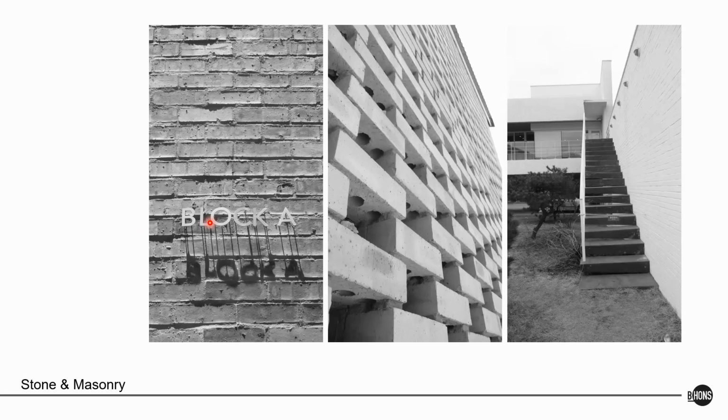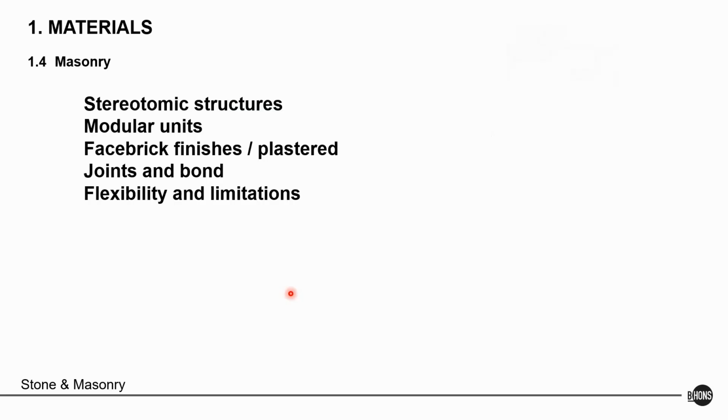When we use bricks, remember you can define the joint and the bond in the end. Go and have a look at that. So deeply recessed, flush joints, and that makes a big difference in the end. Part of that, you also need to think about the strength.